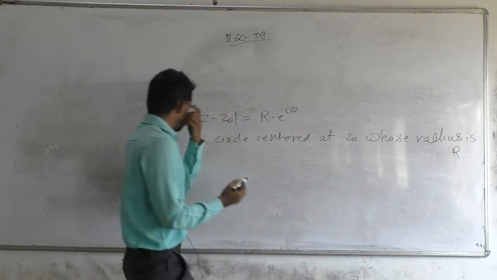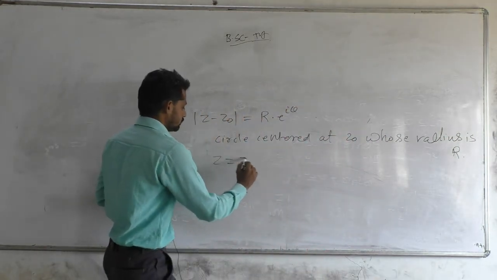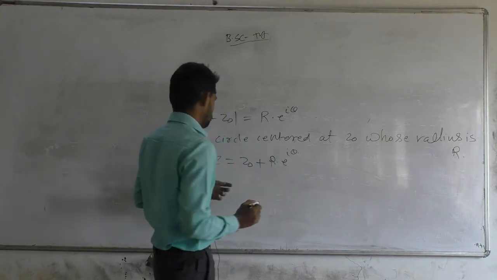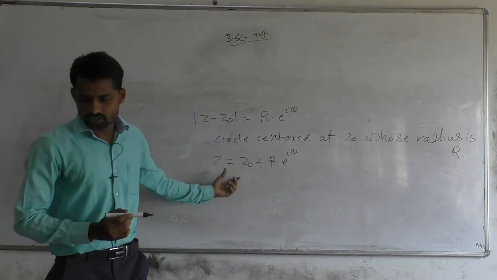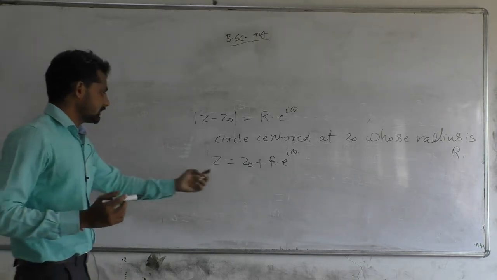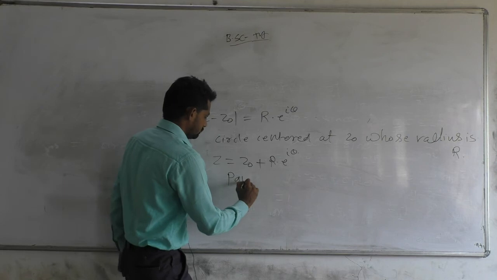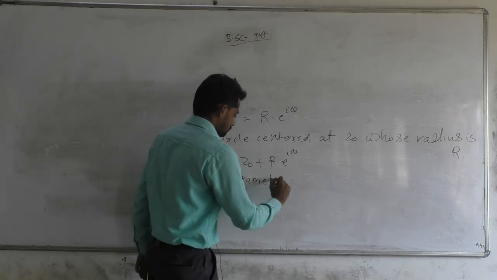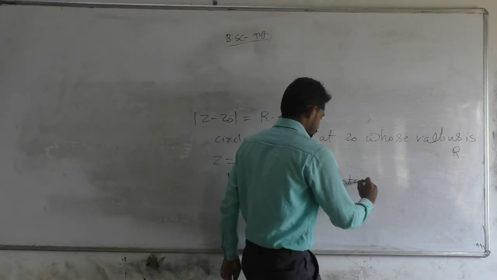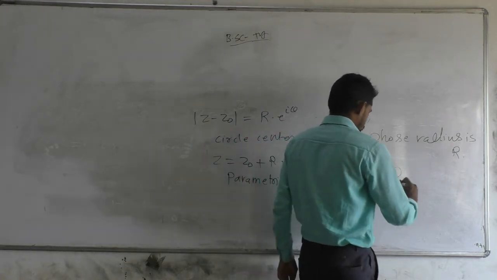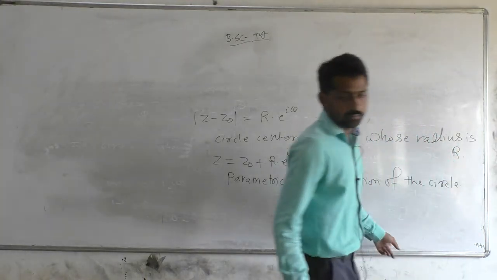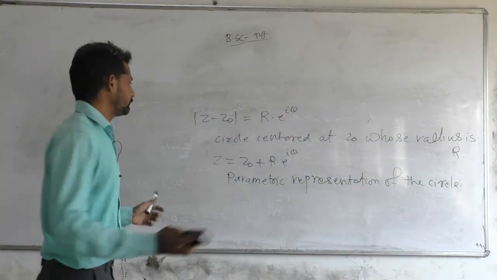This can also be written as z is equal to z naught plus r into e raised to i theta. So this is the parametric representation of the circle.